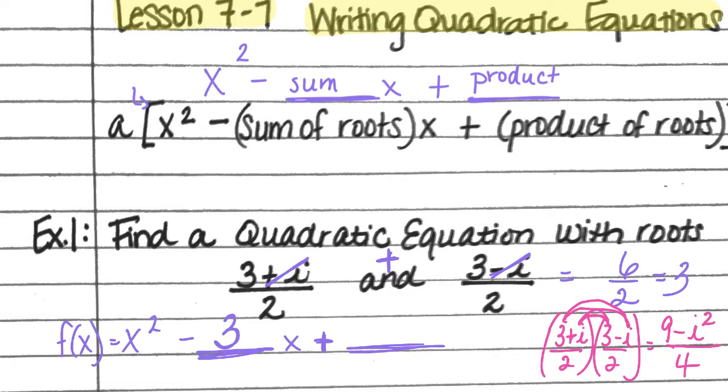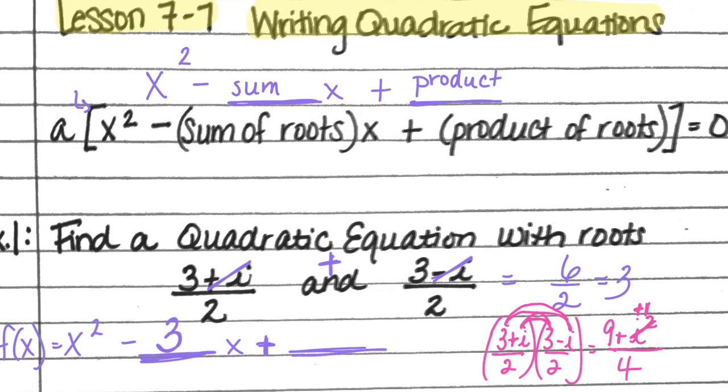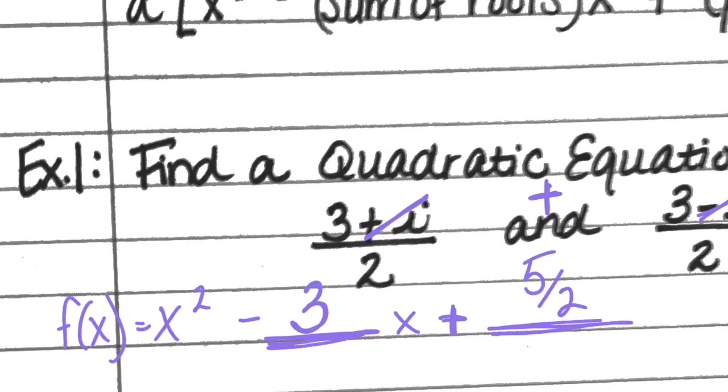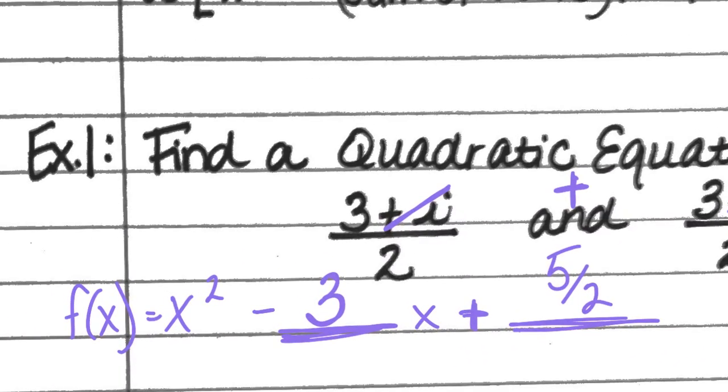Well, negative i squared is equal to negative 1. So on the top, I have 10 over 4, which reduces to 5 over 2. So my final answer is f of x equals x squared minus 3x plus 5 over 2.